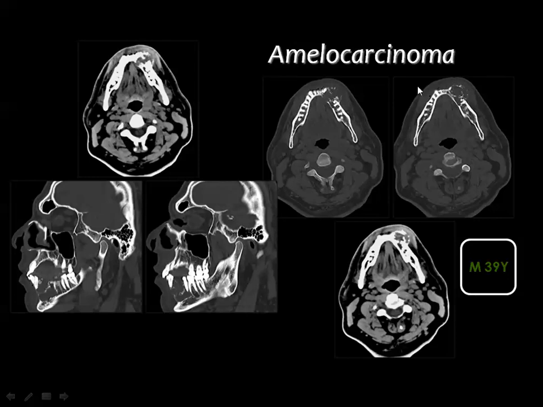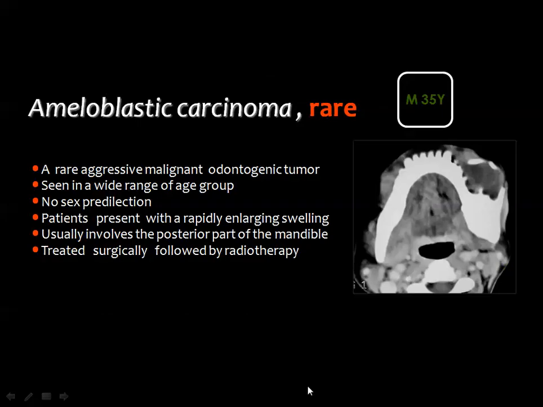Then here you see the destruction and you see the extraosseous soft tissue extension, and these are the prominent features of any malignant tumor anywhere in the body: destructive change, extraosseous spread, periosteal reaction, and the invasion of the adjacent structures. And this amyloblastic carcinoma is considered rare compared to the amyloblastoma, which is very common.